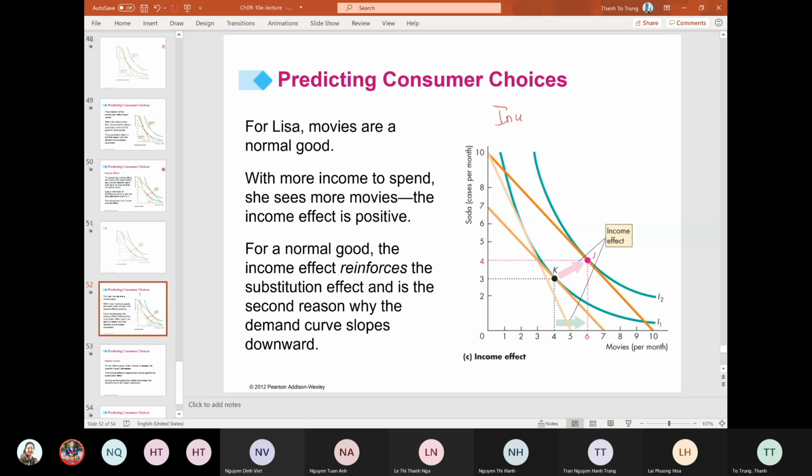So income increases, quantity increases, and that is for a normal good. So we suppose that movies are a normal good, and you see this type of income effect, when the budget line shifts outwards and gives you more movies consumed by Lisa.